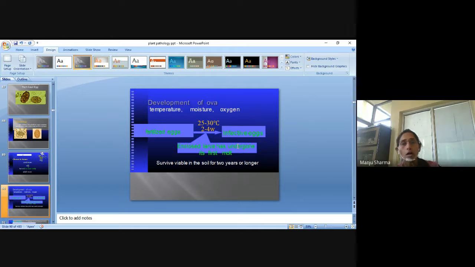Development of ova depends on temperature, moisture, and oxygen. Fertilized egg at 25 to 30 degrees centigrade will take 2 to 4 weeks, and after that it will be converted into an infective egg.